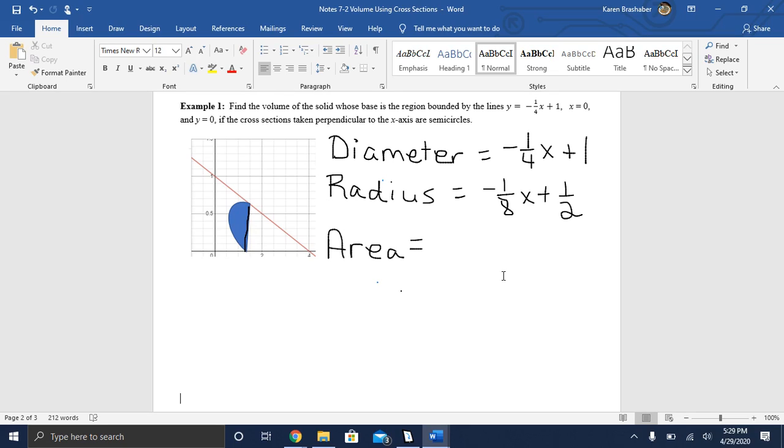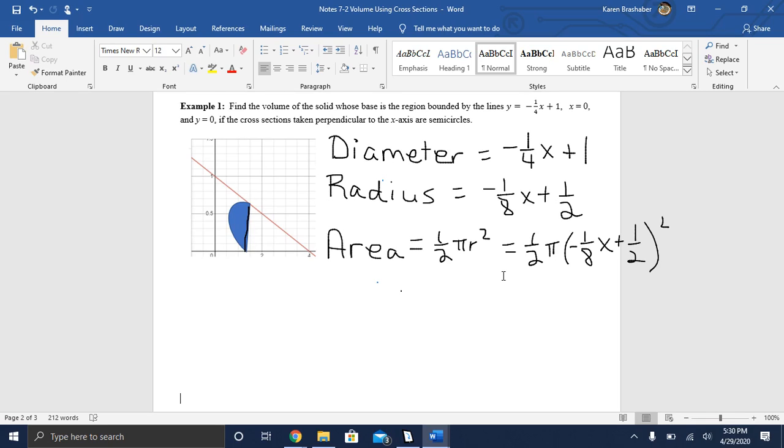And then I need the area of the semicircle because I'm going to be accumulating those areas. So that would be, of course, 1/2 pi r squared. And so for our problem, 1/2 pi times (negative 1/8 x plus 1/2) squared.